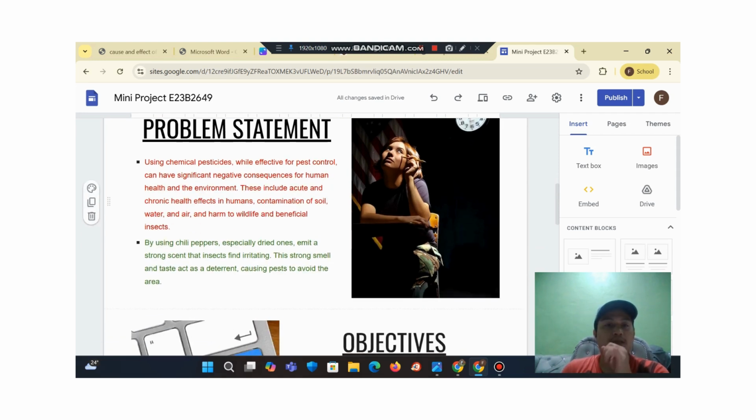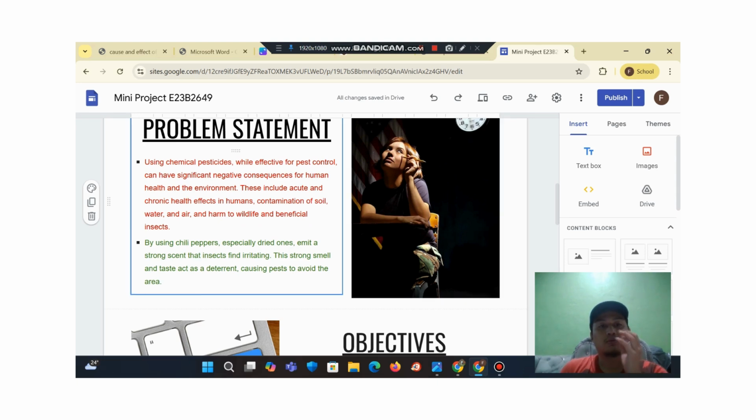Now, the problem statement in this experiment is that most chemicals used as pesticides for pest control have negative consequences for human health and the environment. We can always see it in health management centers, how we must wash our vegetables or fruits and so on, due to the chemicals of the pesticide itself.